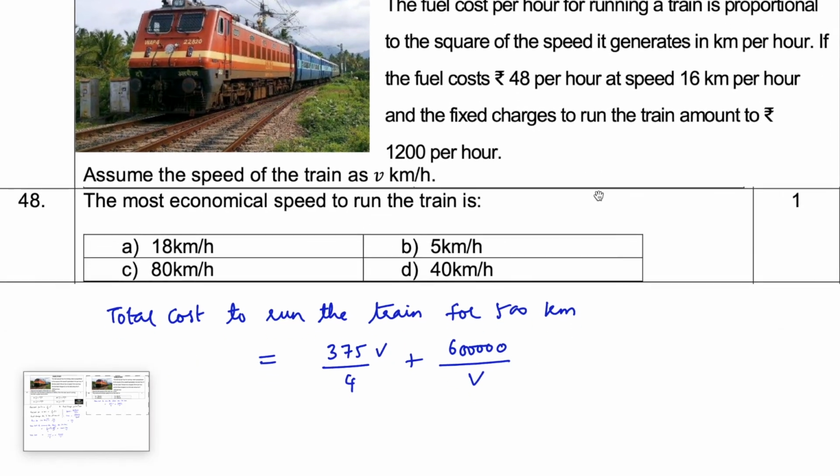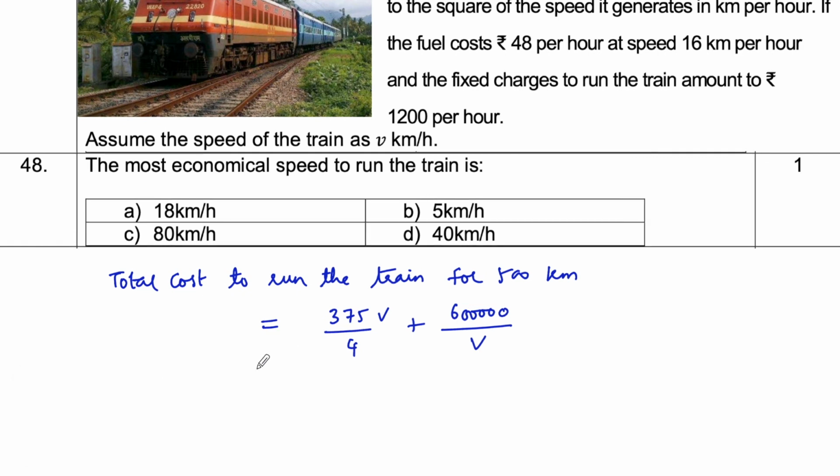To find the maximum or minimum, we need to differentiate the function and equate it to 0. So let us consider this as a C function, so that to get maximum or minimum speed, let us consider dC by dv is equal to, differentiating with respect to the speed, dC by dv is equal to 0.